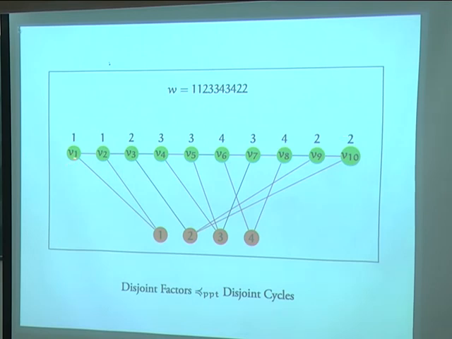I am going to draw this graph, lay the entire string out as a path, then add an extra vertex, one for each character, and we will draw an edge from i to all the vertices that are i here. Okay, so, in this string, 1, 1, 2, 3, 3. So, 2 is adjacent to this 2 here and this 2 here. So, you have k disjoint factors if and only if there are k vertex disjoint cycles, right.